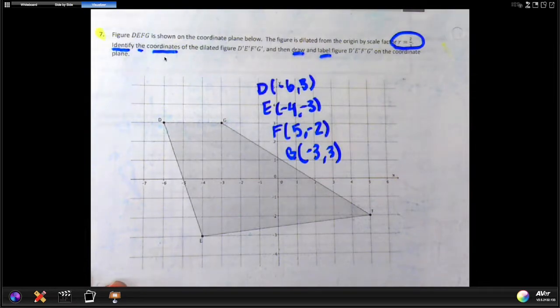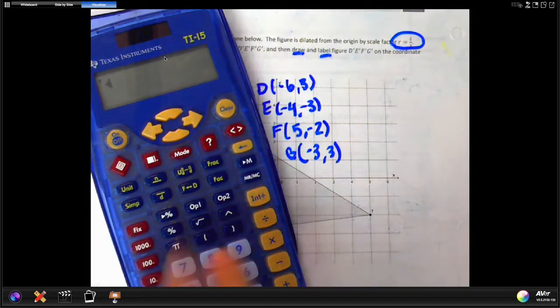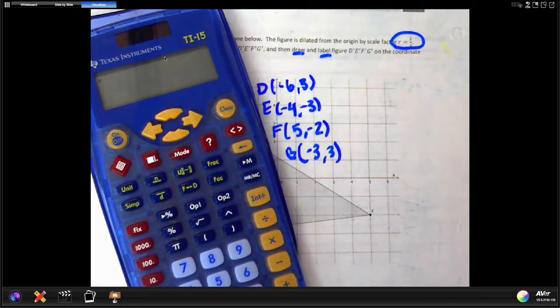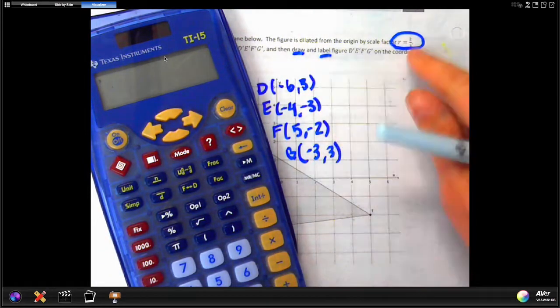And I want to show you on the calculator what that looks like. Some scientific calculators, like mine, have a fraction button, but I want to show anybody what they can do if you don't have the fraction button. So we're going to start with negative 6 times the 2/3.